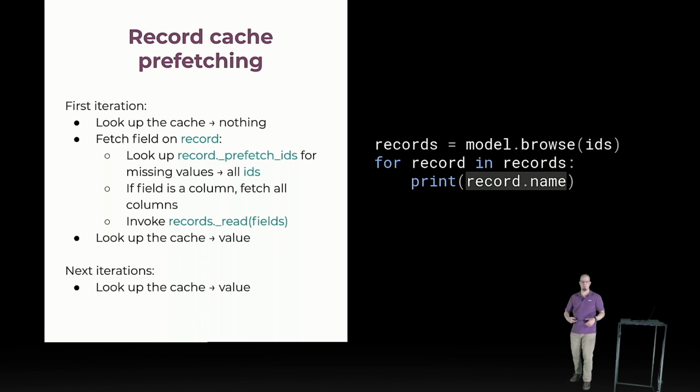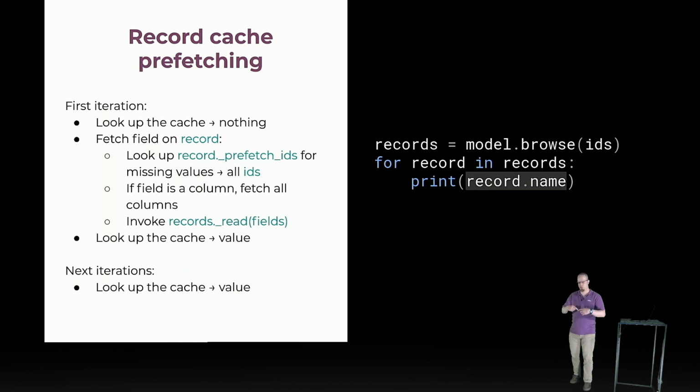Well, the first time you run the loop, you access the field name, and the field accessor will simply look up the cache for the given record. It will find that there's no value there. Therefore, it decides to fetch the field on the record, but not just the record itself.